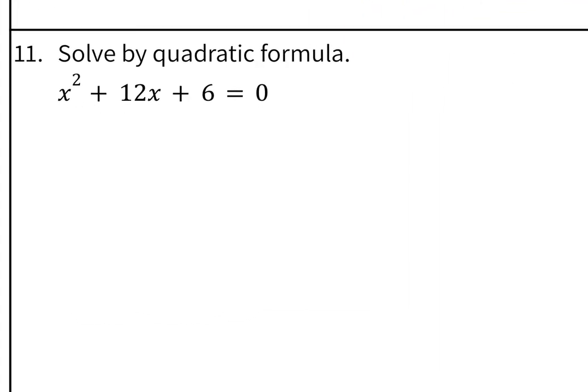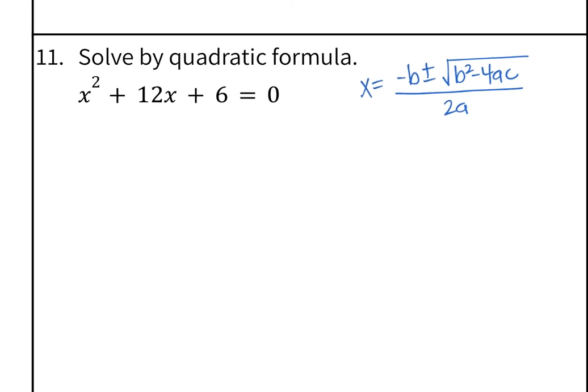Quadratic formula, it's in your notes, and it's going to be an open note test, so I'm not worried about you guys memorizing it, but just in case we need it: x equals negative b plus or minus the square root of b squared minus 4ac, all over 2a. When you look at your equation, as long as it's written in standard form, it goes in order.